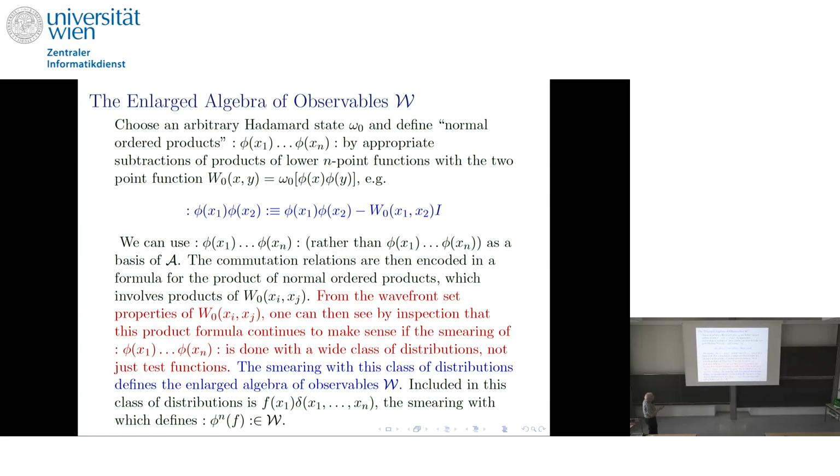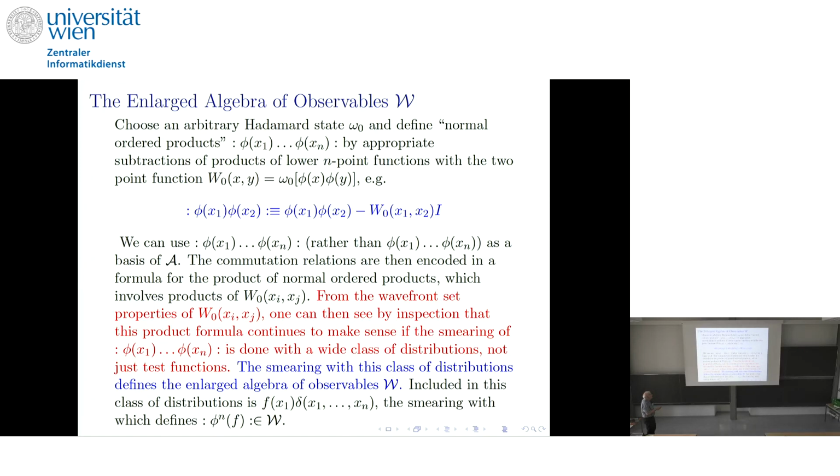So the normal ordered two-point function is just this object, which is in the algebra, minus the two-point function in the Hadamard state times the identity. If you have n of these factors, then the subtractions are a lot more complicated. You've got to consider every pair of points and suitably subtract things off. I won't write down the formula, but you can do that.